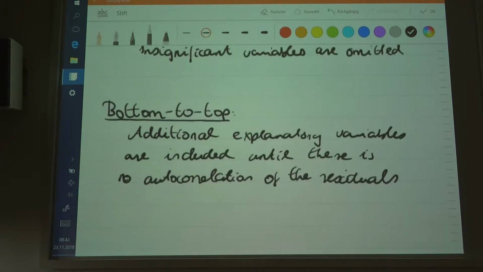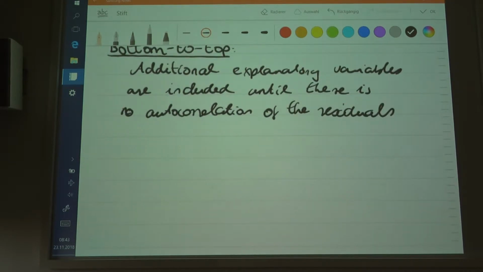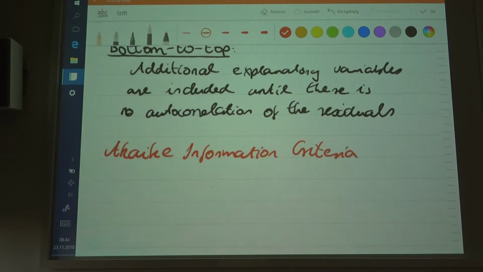Basically, you can do both. There are some criteria which will help you quantify them. The first one is the so-called Akaike information criterion.